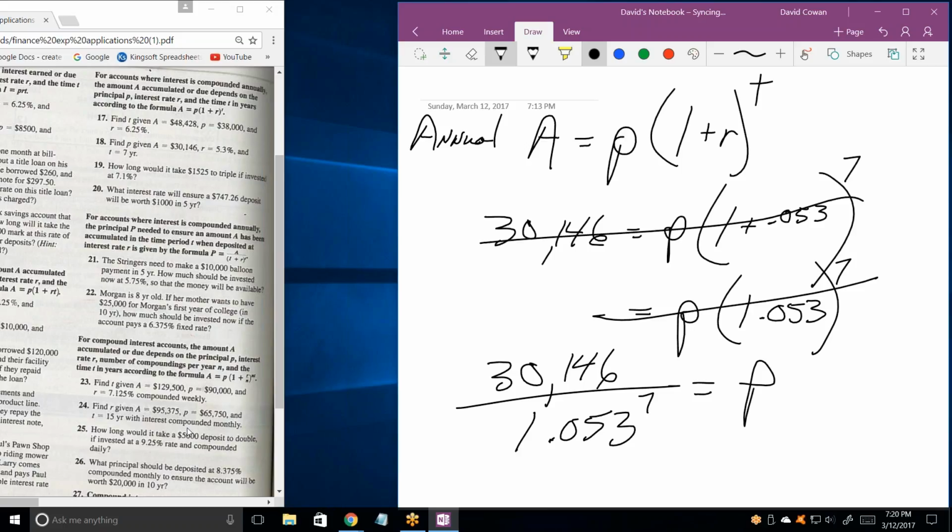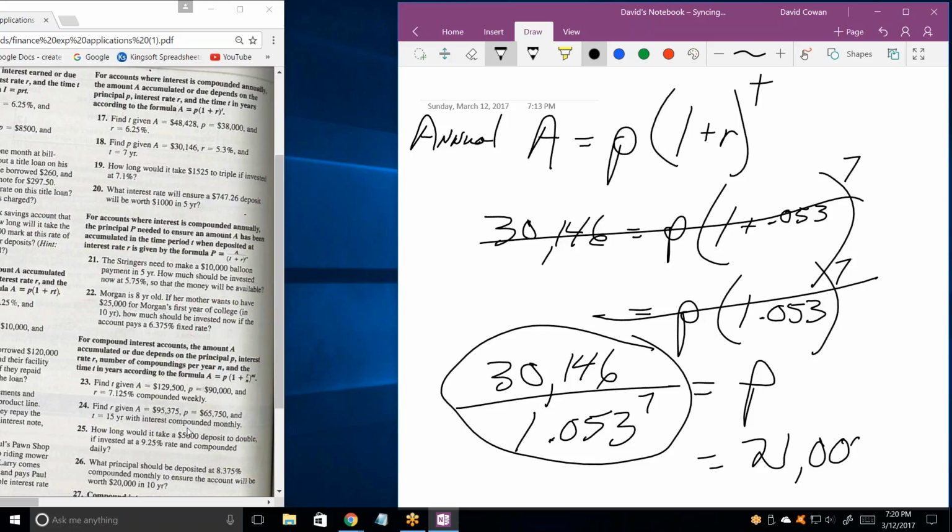You can get this number out of your calculator. Do you have your calculator with you? Yep, it's going to be 21,000.6.